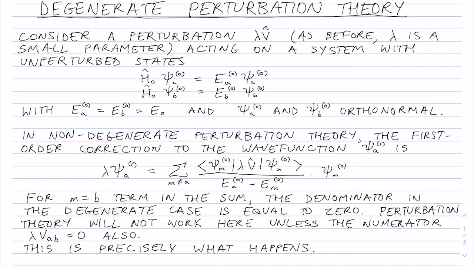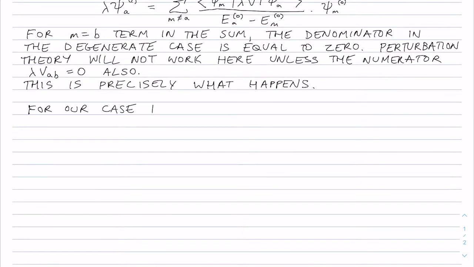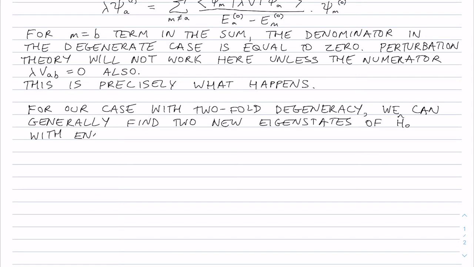So I'm going to show you what happens in an example, but first let's just explain a little bit more what's going on. The two states that we're going to find are going to be psi mu, which I will write as alpha times psi A plus beta times psi B. And obviously this state is also going to be an eigenstate of H naught with the correct energy.